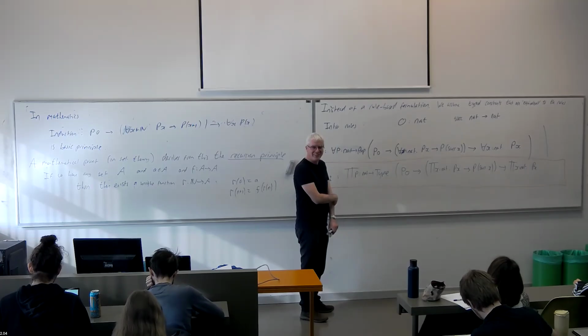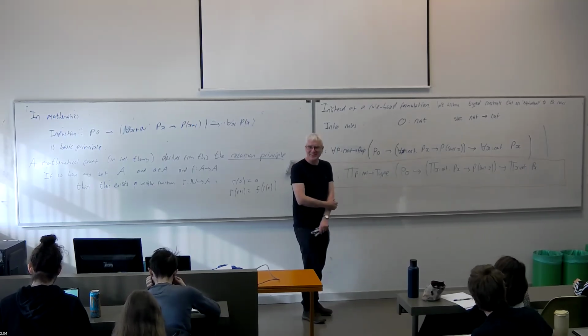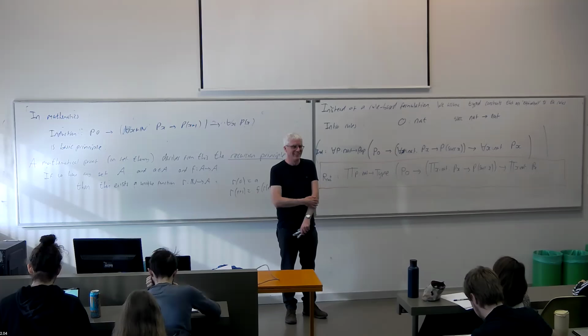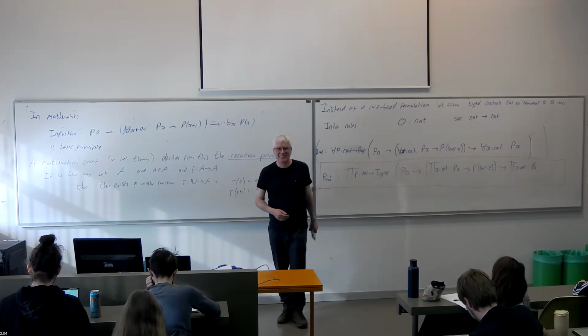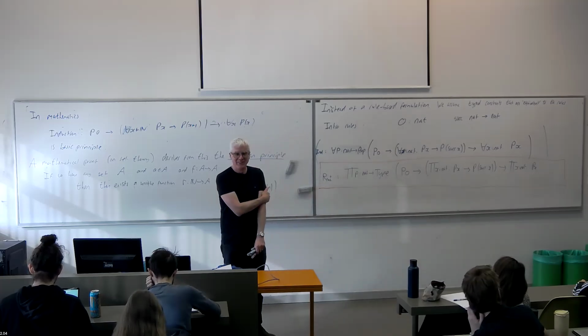Yes, very good. Any other less good questions that I can answer more easily with a better answer? You also said that we can't prove that succ n is of type Nat.